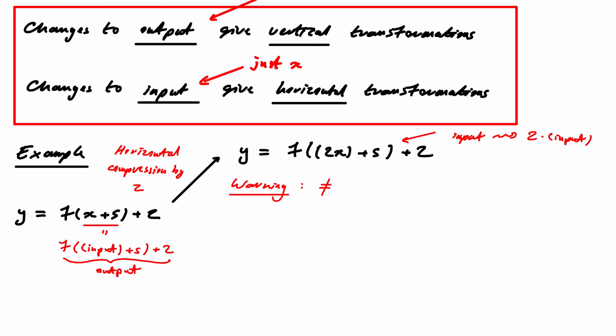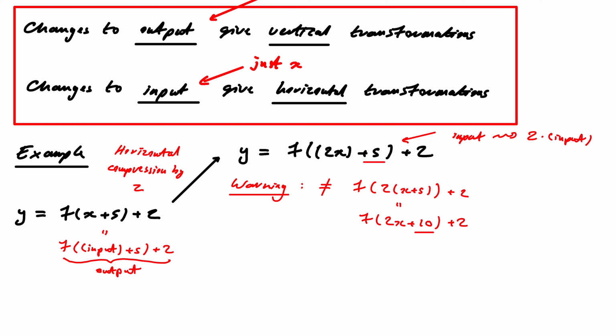The function is this whole right-hand side. So a really major error is thinking, okay, you just multiply whatever's inside f by 2, all good. It's not that. And I can show you why it can't be this, because this is equal to f of 2x plus 10 plus 2. And they don't match up. They're different.